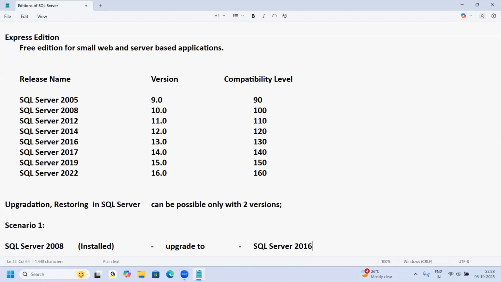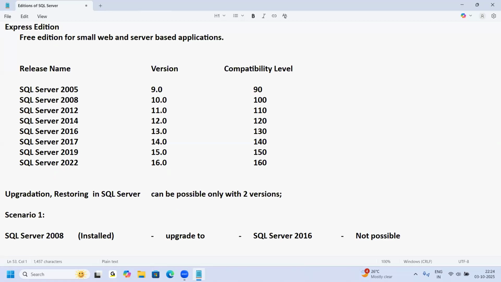One simple conclusion I would say: this is not possible. Why? Because from 2008, if you upgrade to 2016, that 2016 becomes your third version. I said possible is only two. So not possible. Then what to do?